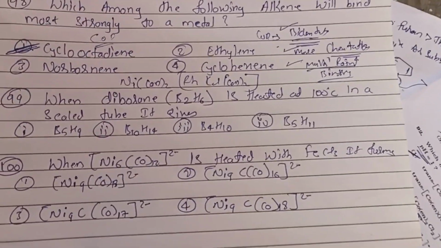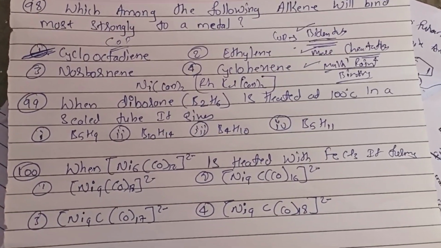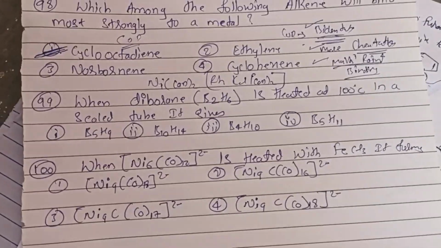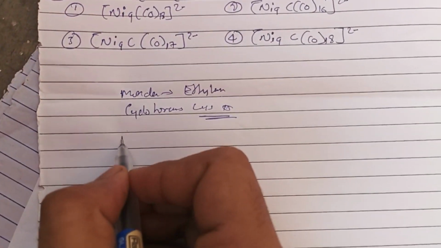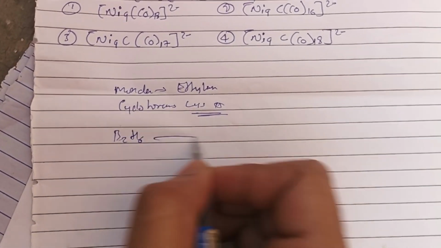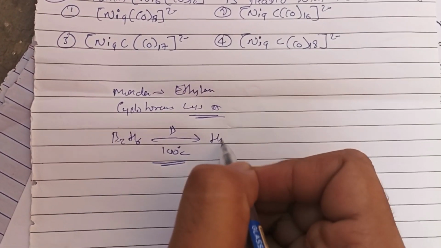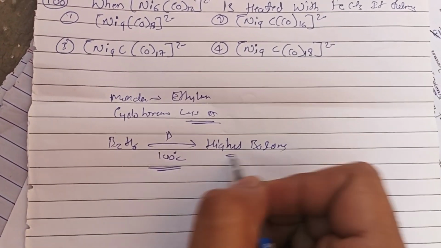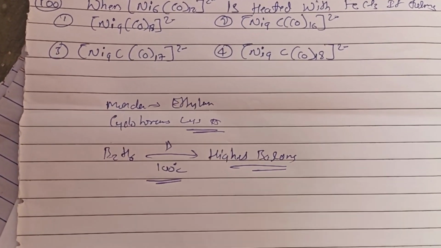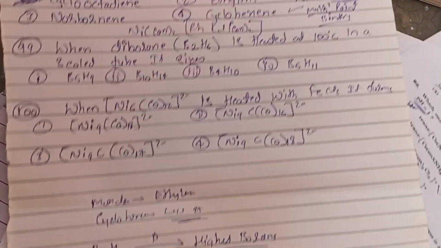Now the 99th question: when diborane B2H6 is heated at 100 degrees Celsius in a sealed tube, it gives what? If we heat diborane at 100 degrees Celsius, it gives higher boranes, always the higher and stable boranes.